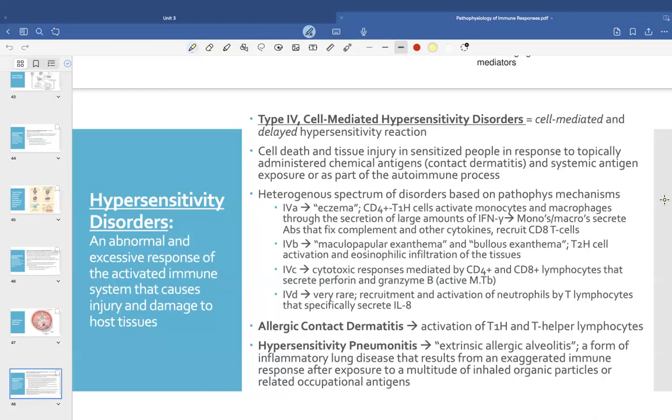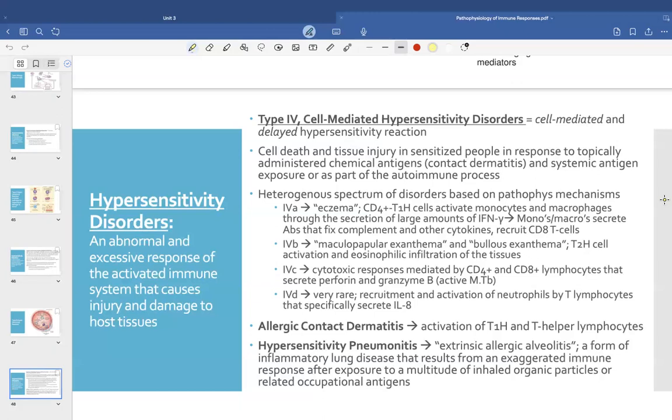They're secreting a lot of interferon gamma, and that's going to induce your monocytes and macrophages to secrete antibodies that fix complement and other cytokines and recruit more T cells into the area. So you get this inflammatory response in the skin. You have your maculopapular exanthem or bullous.